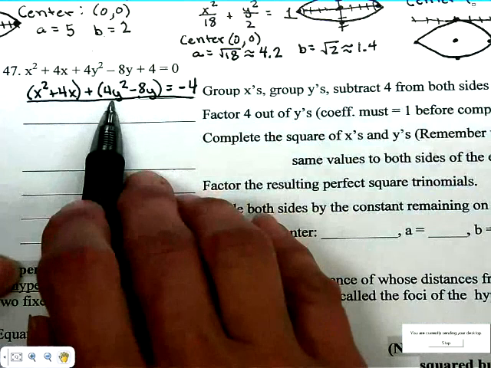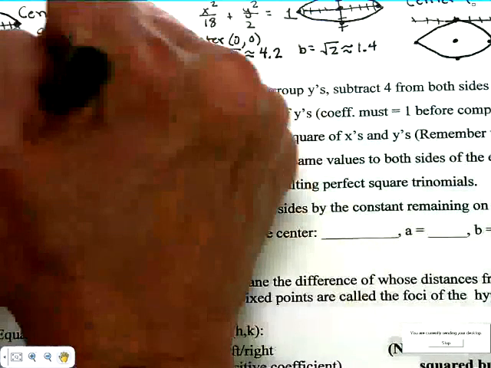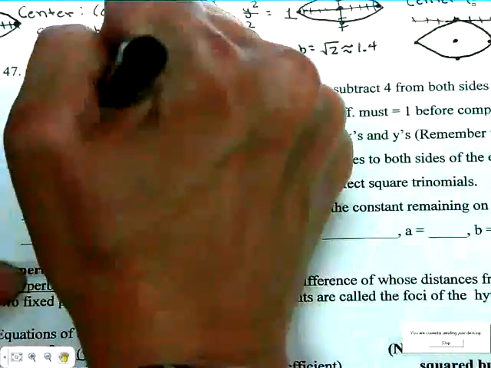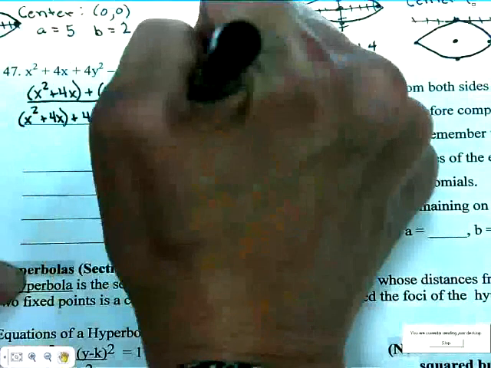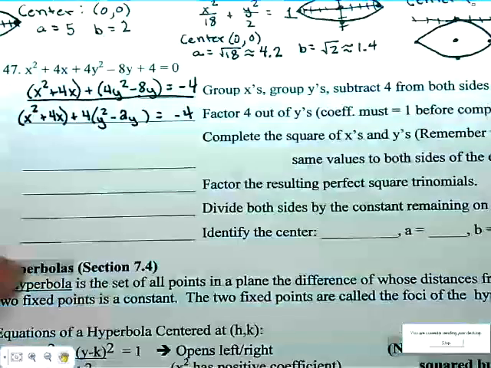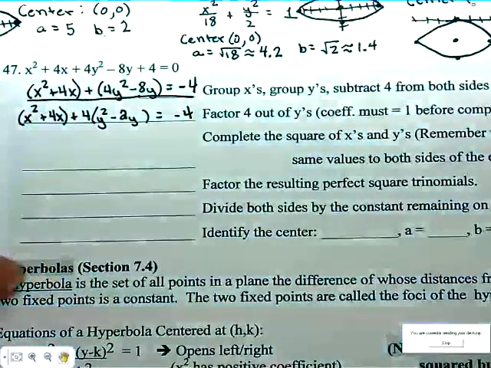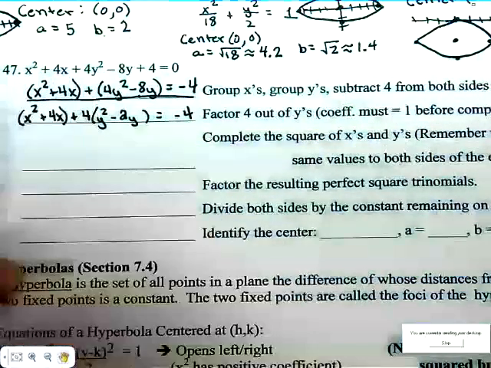So I'm going to just factor a 4 out of that second parentheses. And you can check every step of the way. Every line should be equivalent to the line above it. If I redistribute that 4, I have exactly what's on the line above it.